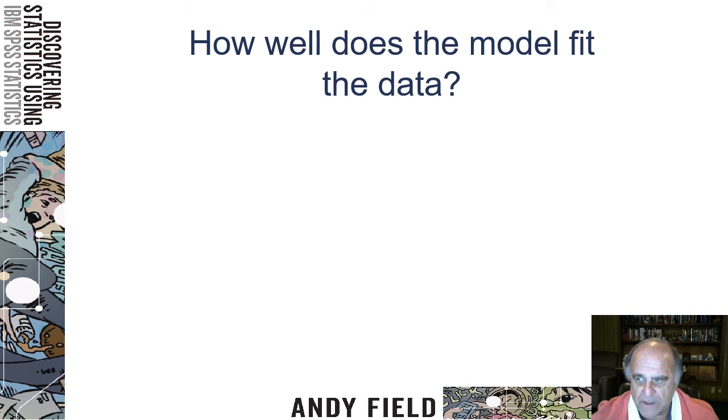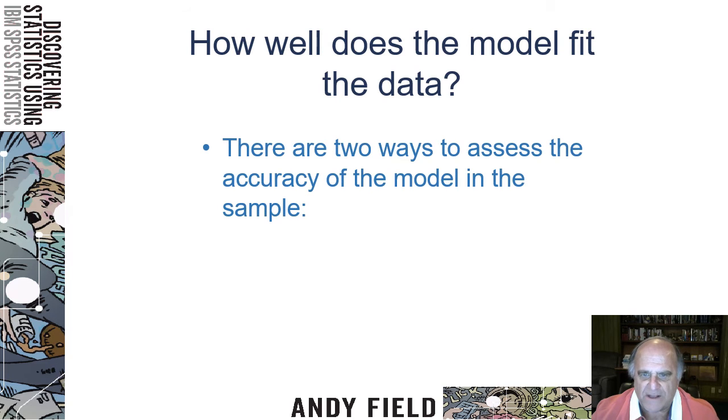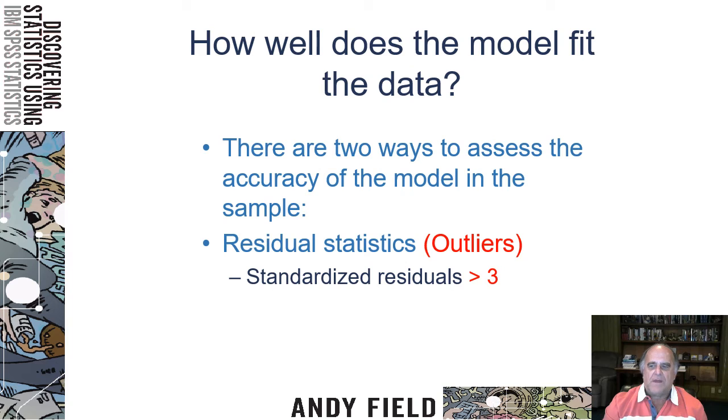Okay, in terms of screening then, also, I'm not really sure this title is the best. Does the model fit the data? Because that's really your F ratio and your R square. We're talking more here about identifying maybe problem data. And Field suggests looking at your residual statistics as a way to identify outliers.